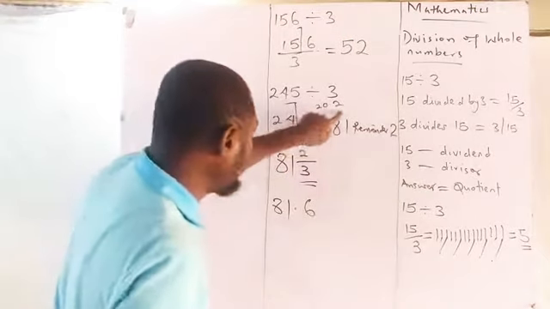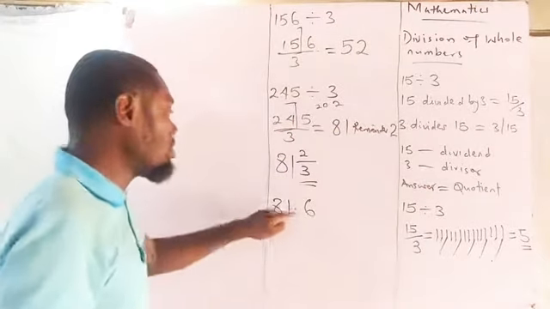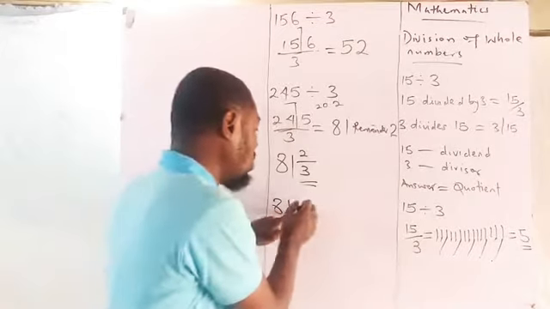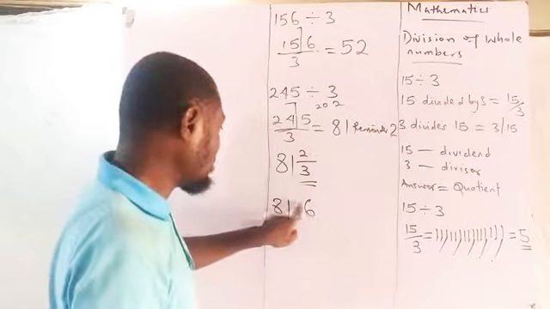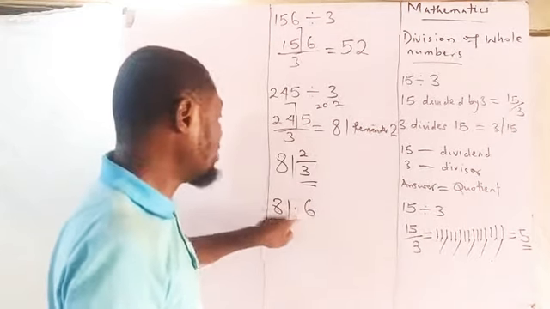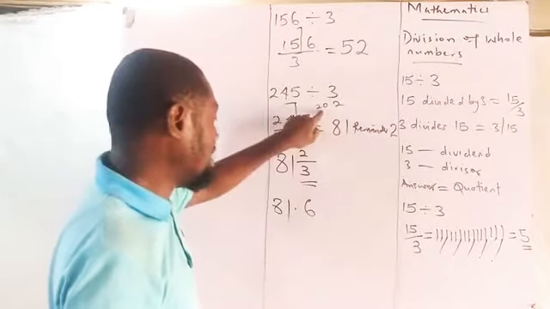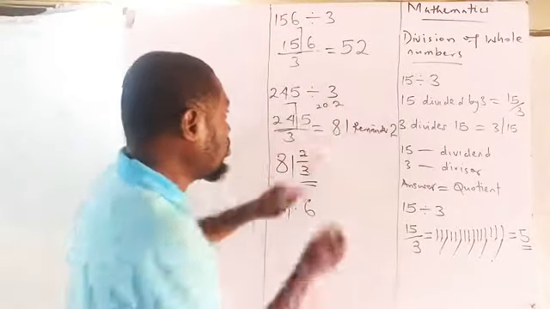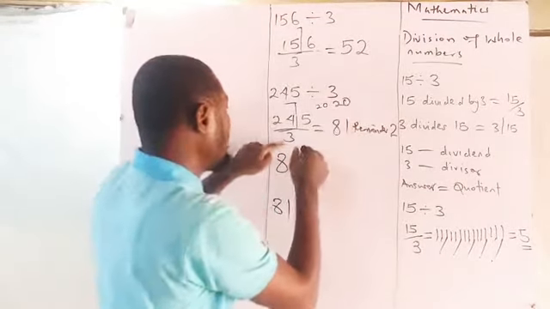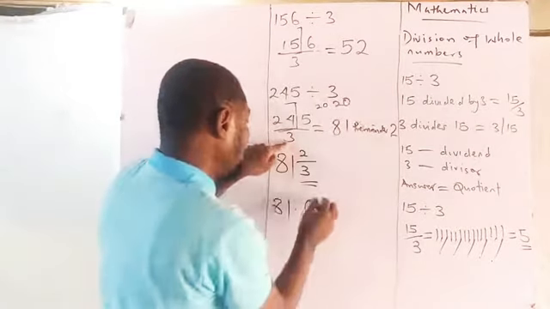Can 3 go in 2? The answer is no. Do not put another point in front of the 6 or add another point here. That is not mathematics. You already added one point here, which you used for the 20. Don't add another point. If 3 cannot go in these 2, just add 0. Keep on dividing. 3 in 20 is 6.